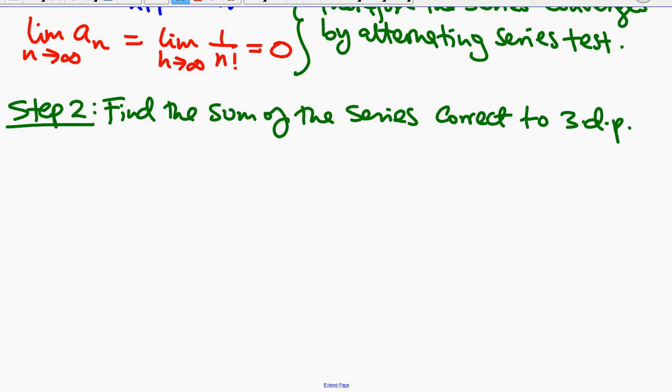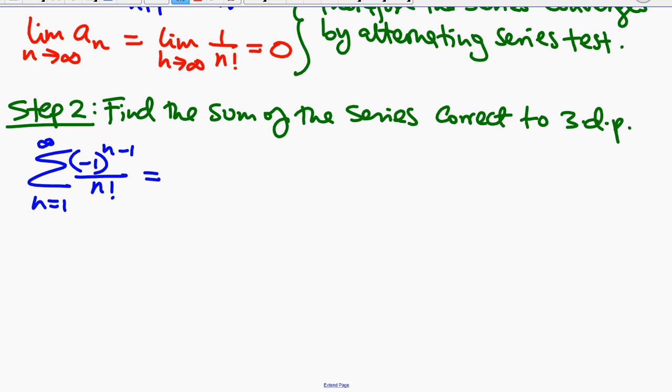We know that this series is equal to the sum from n equals 1 to infinity of negative 1 to the power n minus 1 over n factorial. Now let's try and produce some terms of this series. We can produce the first 6 terms and see what happens.